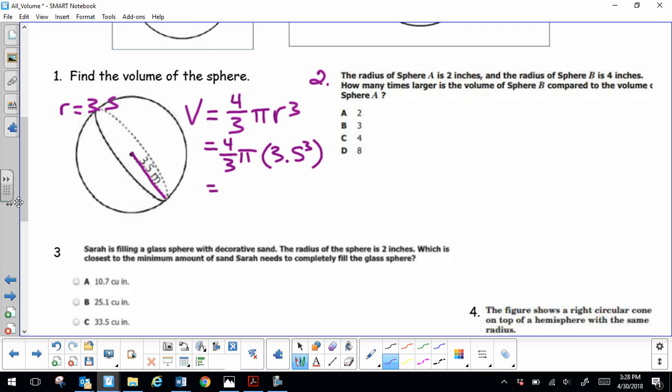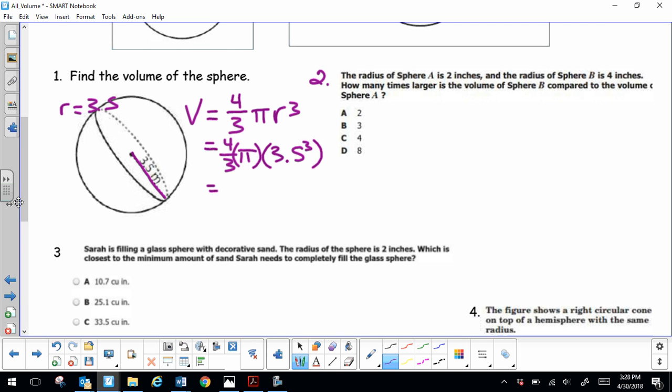So what do we do for our calculator? I'm going to do 4 divided by 3, multiply it by pi. So I've got some parentheses. And then in parentheses, I'm going to do 3.5. And the easiest way to do this is to hit the caret button, which is the same button that got you the pi, and put a 3 there.